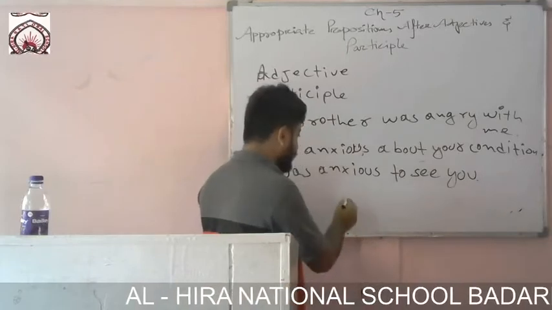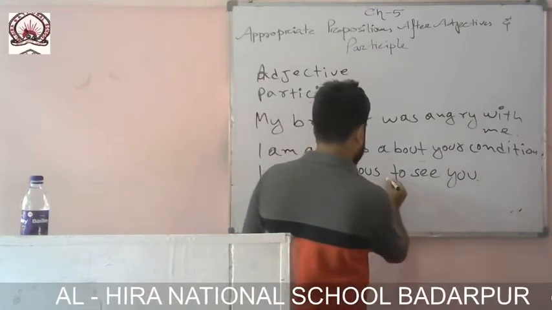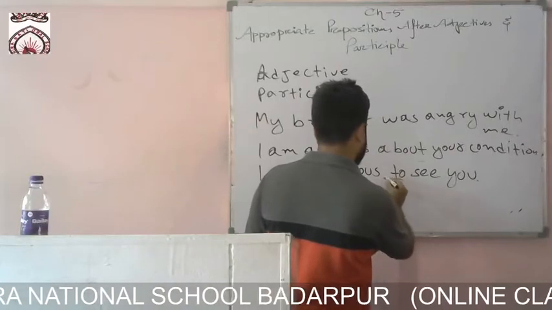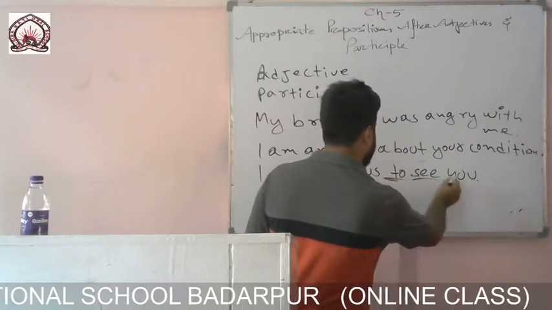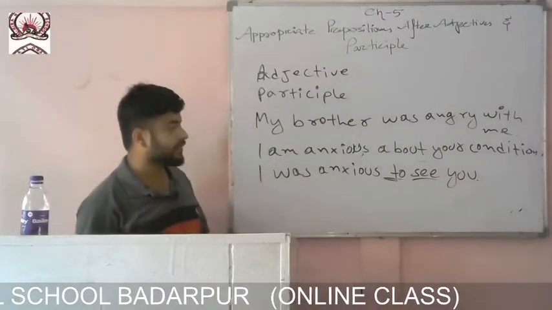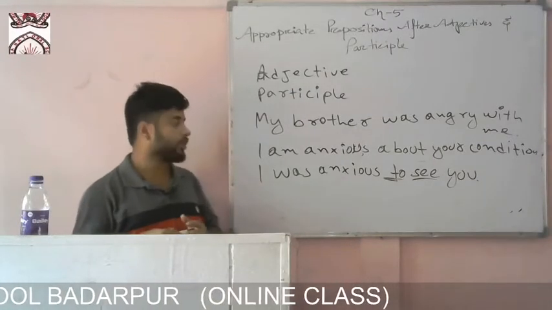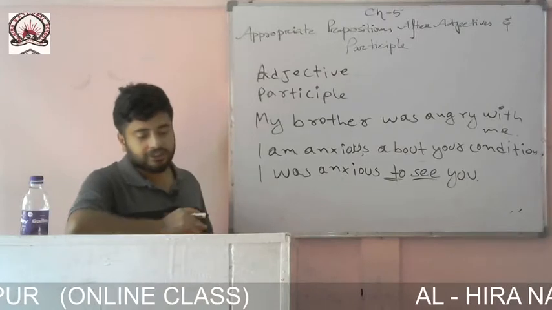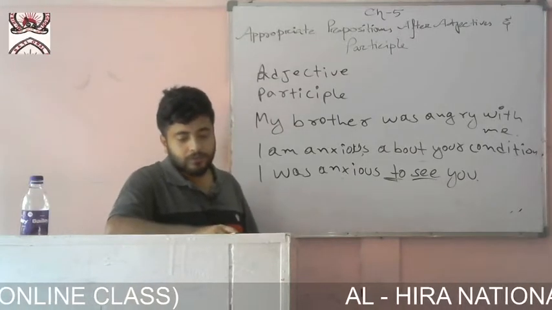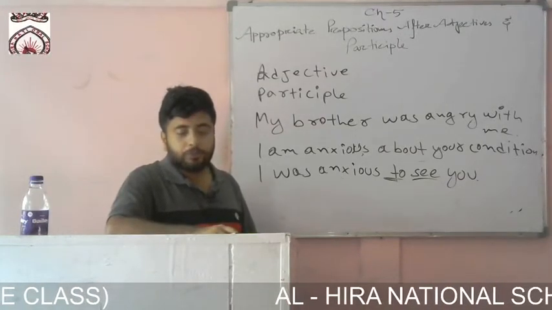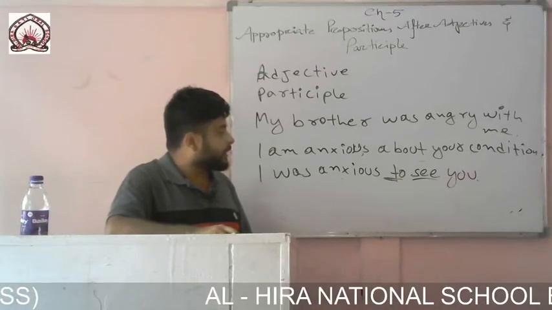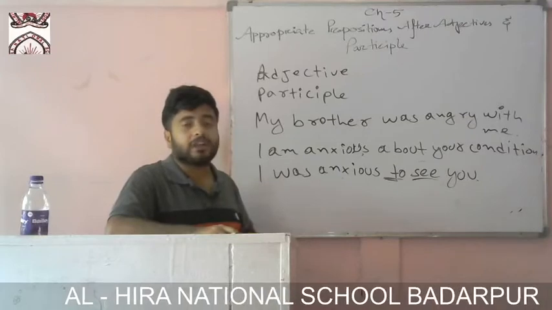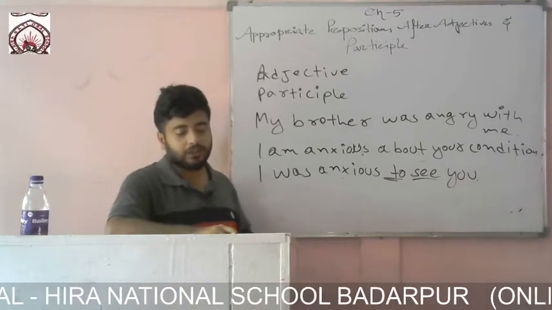Now, after anxious, if a verb is there, then what do we have to use? To. We have to use anxious to. If a verb is there, then what do we have to put? Anxious to. Understood or not?